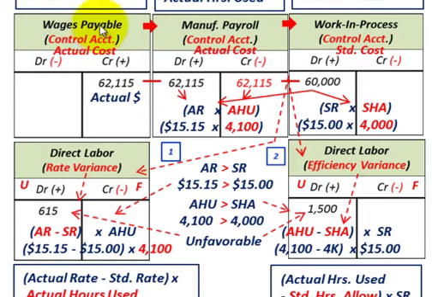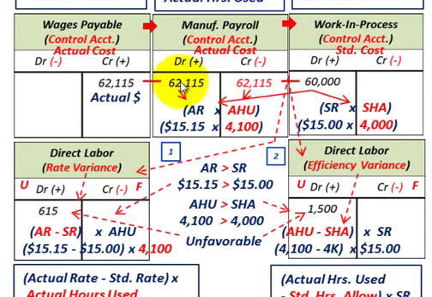So we'll start out with our wages payable. Again, this is a control account, and it'd be the actual cost. So say, for example, for the month for this project, we accumulated wages payable of $62,115. That's the actual cost that we have on wages payable, and that's going to be transferred in here. A credit to our wages payable is going to be a debit to our manufacturing payroll control account at the actual cost again.